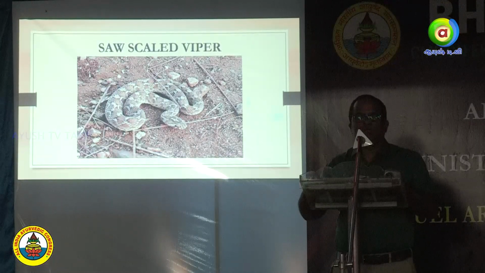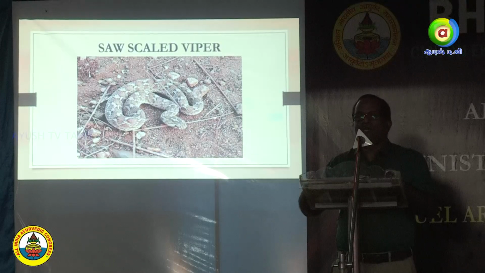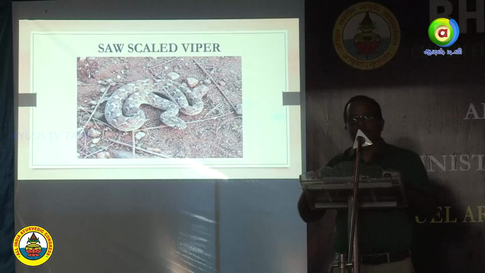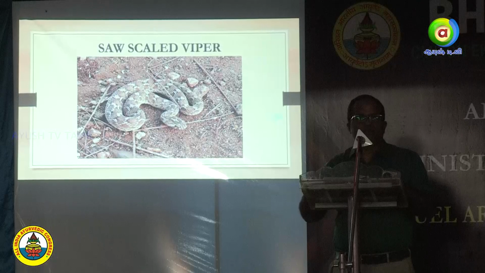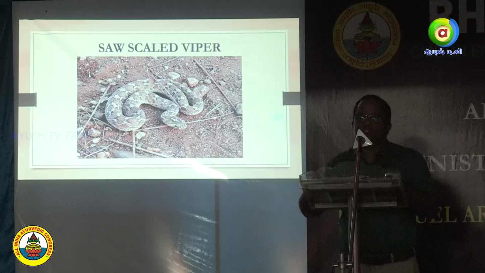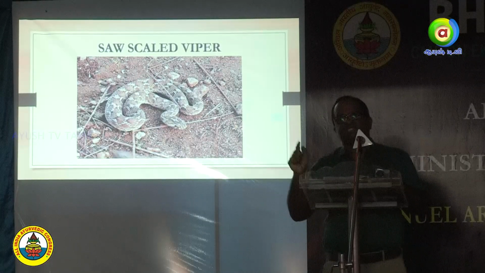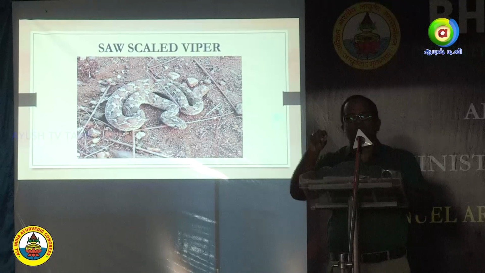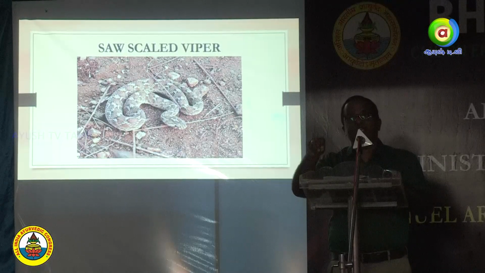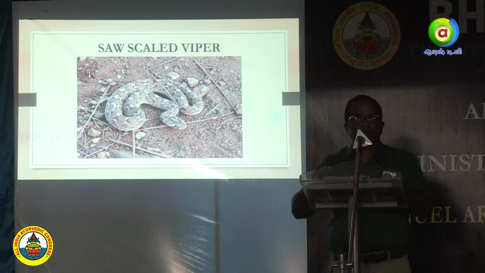So it will be mistaken for a small creature, but its venom potency is so high that it will kill the person who is bitten. This small, stout, slender snake can kill a person with its venom.